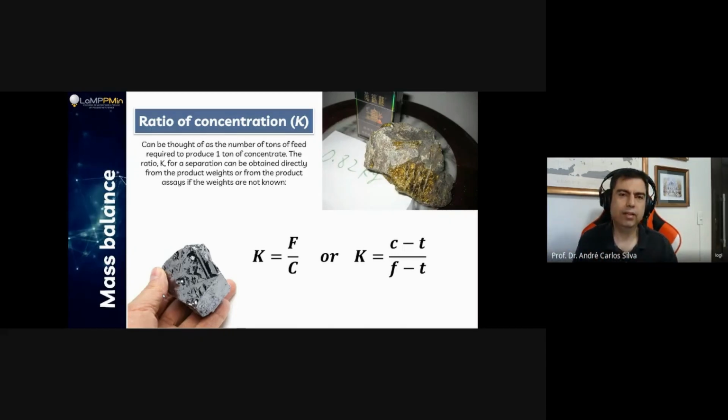But if you deliver 5% phosphorus, they're going to return this material to you immediately, because no one can produce pig iron from hematite plus 5% phosphorus. It's going to ruin your steel.